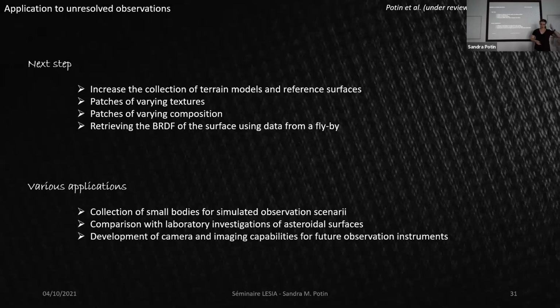And in the far future, we would like to be able to retrieve the BRDF of the surface from flyby data, either information about the BRDF of the surface or at least the global shape of the asteroid. Right now, it doesn't work at all because the model is not constrained, but we would like to be able to do it in the future.